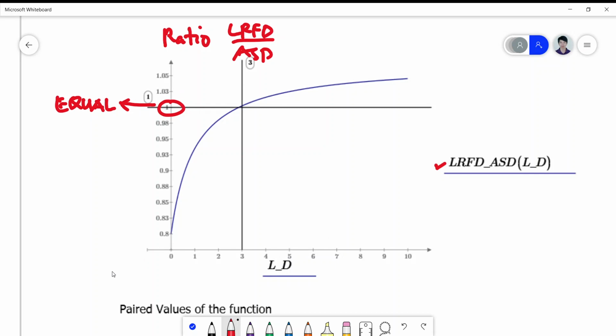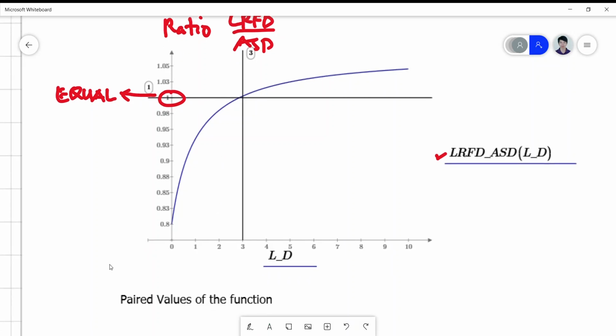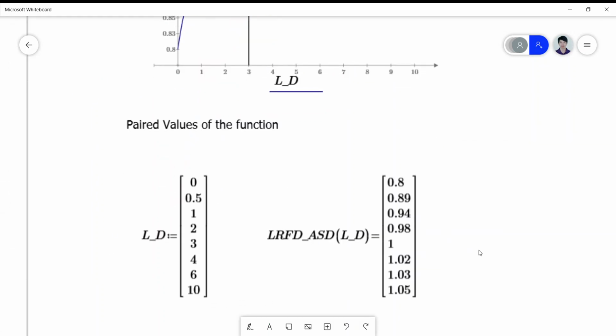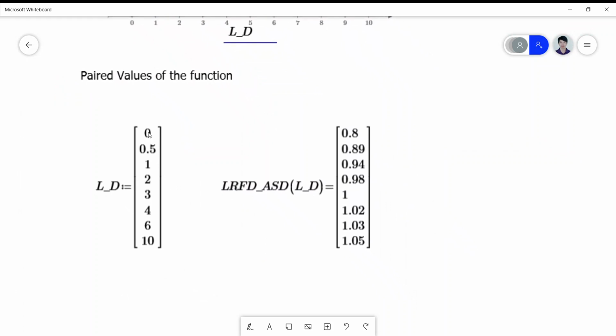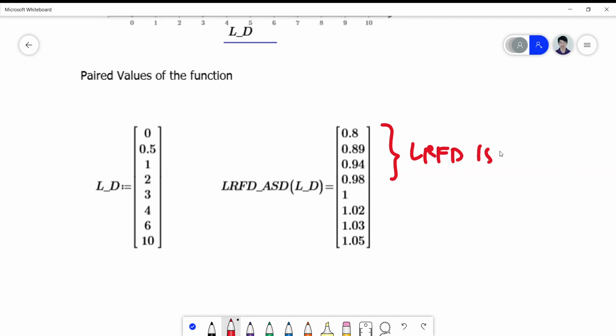So what does that mean? It simply means that, as shown in this table, values of the ratio which are less than 1 mean that LRFD is better in terms of economy and safety. And for the others, ASD is better.